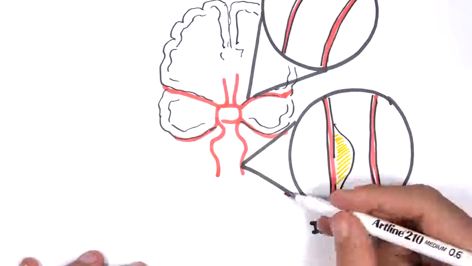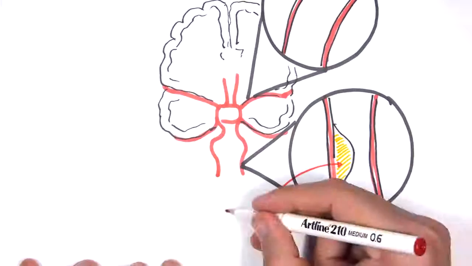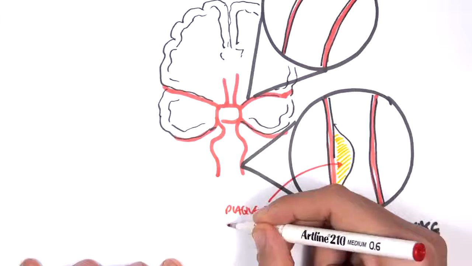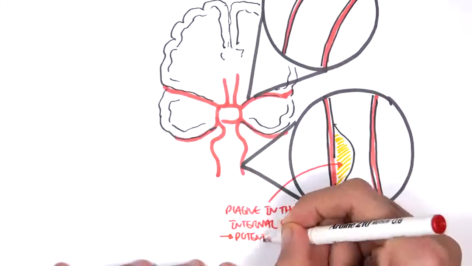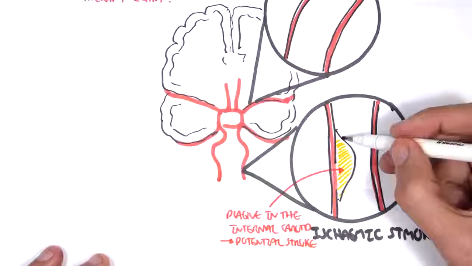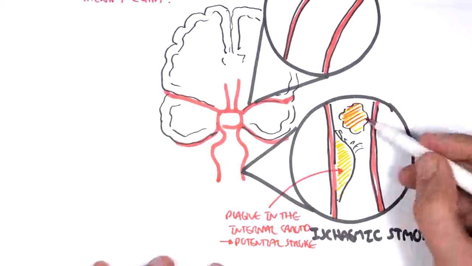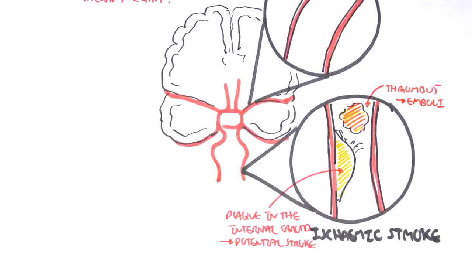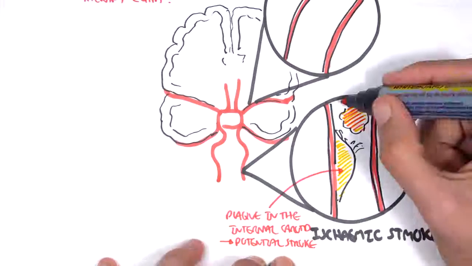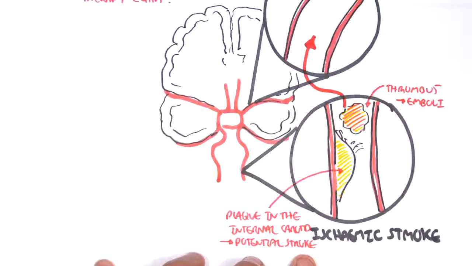An example of ischemic stroke is where we have a plaque formation in the internal carotid, which can lead to a potential stroke, or the plaque can rupture. It can rupture, creating a thrombus. Thrombus results in an emboli. The emboli then will travel up to the brain.